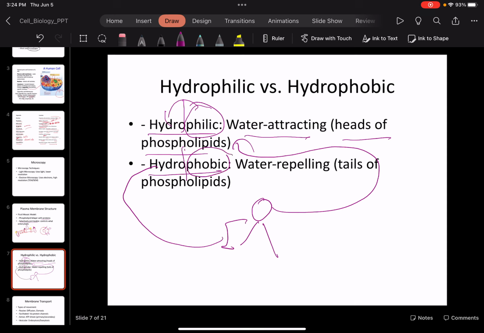Phobia means fear, doesn't like water. So if it doesn't have water, it is going to be inside of that plasma membrane. Everything outside is the extracellular region, so it does have water. Fluid is here, fluid is over here. So this hydrophobic region is actually embedded inside the plasma membrane.